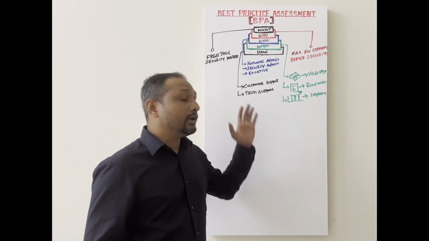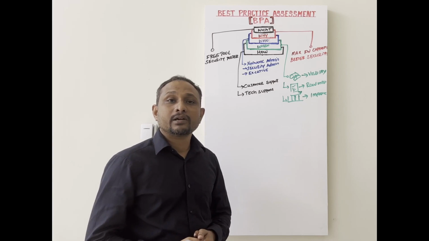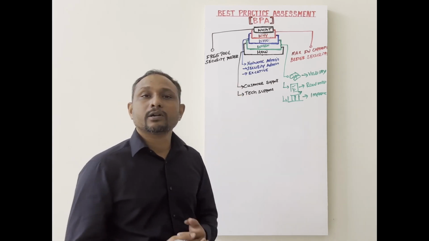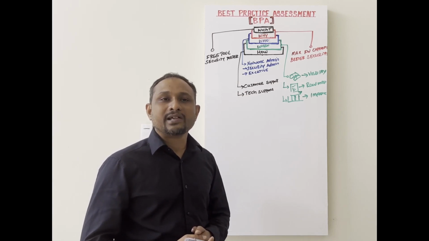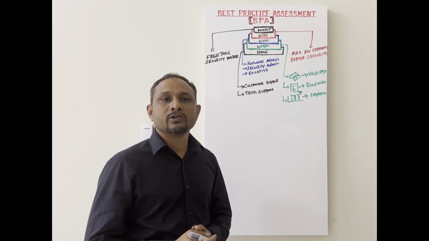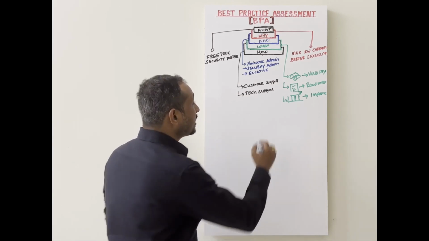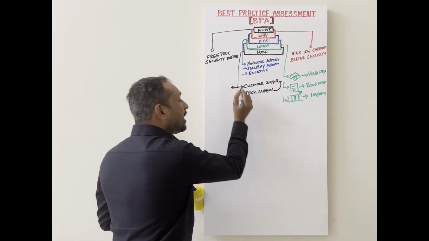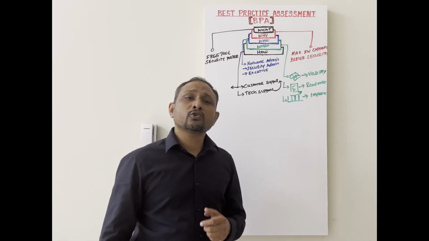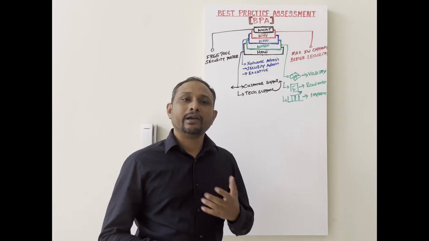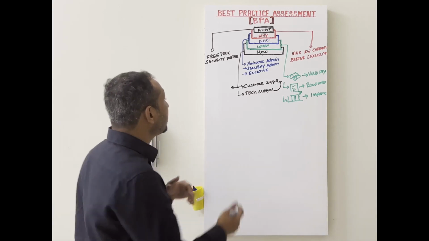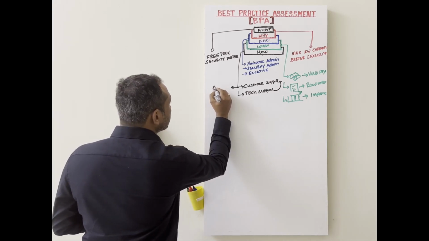So you need to download the tech support file from the firewall, and you need to log into the customer portal where you can see a best practice assessment option over there. You can upload the tech support file into the customer support portal, and you need to follow some steps over there where in the backend it will analyze and generate a report bundle for you.